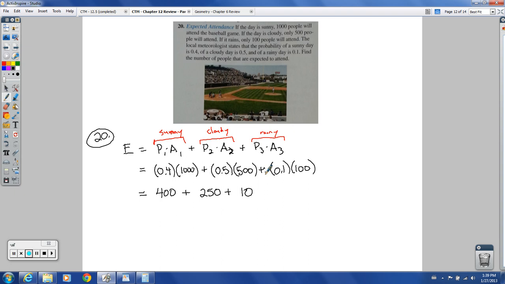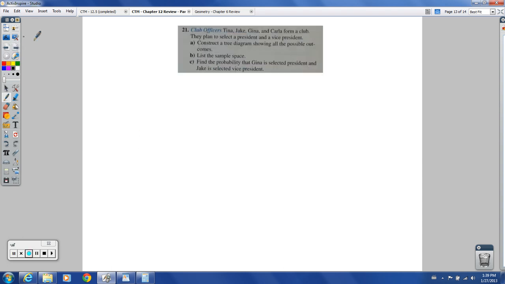Okay, so we have 400, 250 plus 10, that's going to be 660. So I didn't need the calculator after all. 660 people expected to attend. So include units or what you're talking about when possible. This is saying number of people, so I should say 660 people. Very close now. 2 more to go.